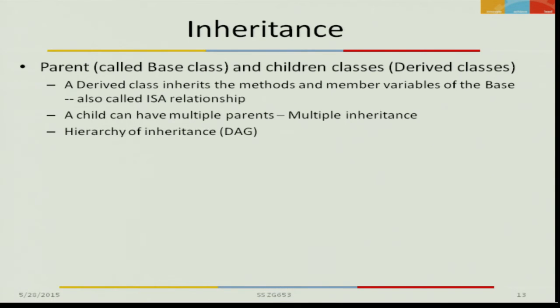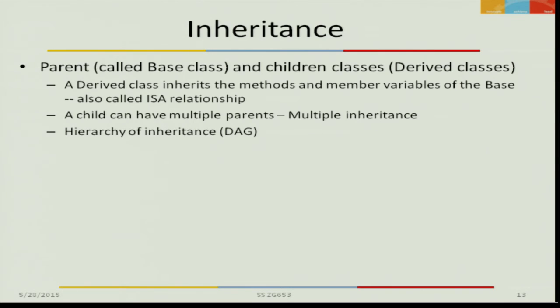So let's look at the definition of inheritance again. There is a parent class called the base class, and there is a child class or children classes which are called derived classes. A derived class inherits the methods and member variables of the base class, which is also called the is-a relationship. A child can have multiple parents, which means it can have multiple inheritance. That's possible in some programming languages like C++ and also Perl, but this is not allowed in programming languages like Java.